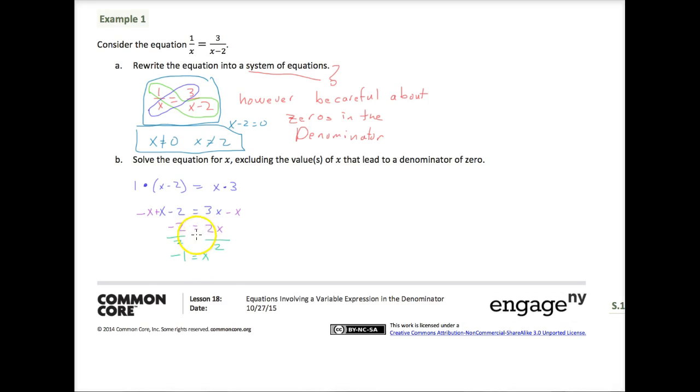So for a final answer, negative 1 equals x as long as x does not equal 0 or 2.